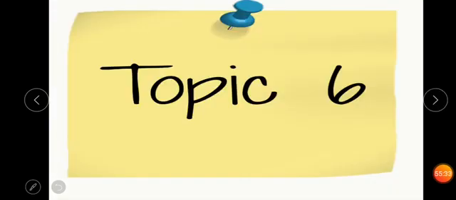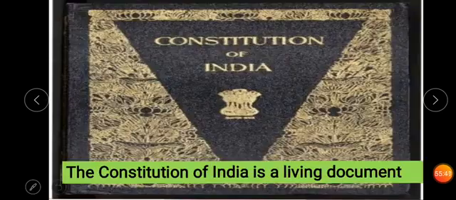Now we will talk about topic 6 of the chapter in the book. Topic 6 is about the Constitution of India being a living document. How can we say that the Constitution of India is a living document?